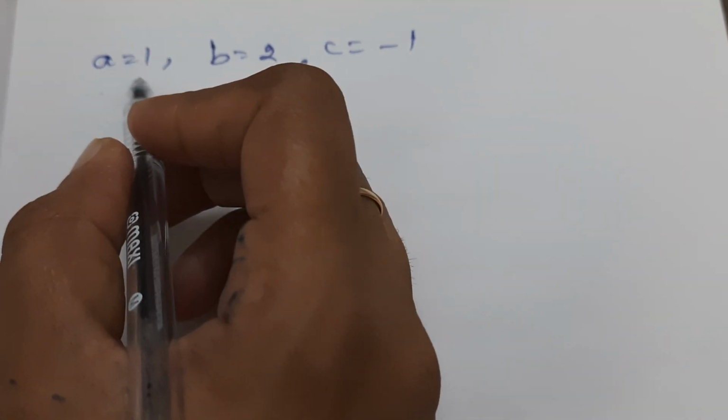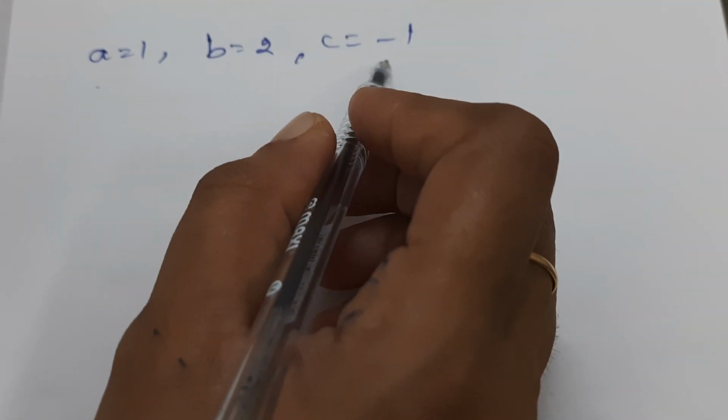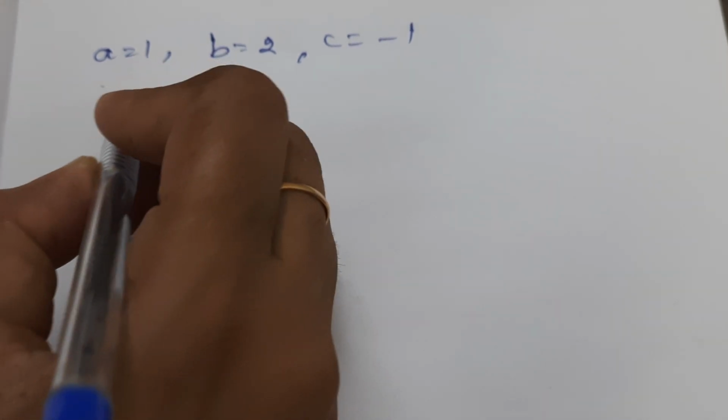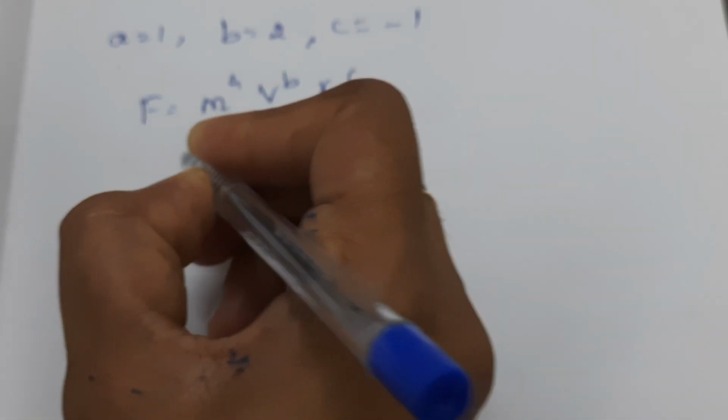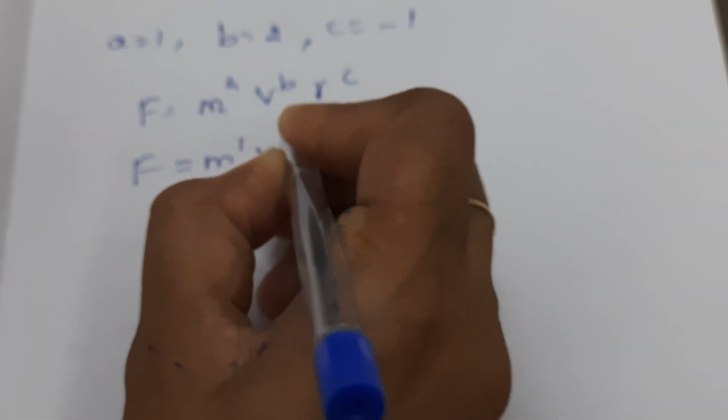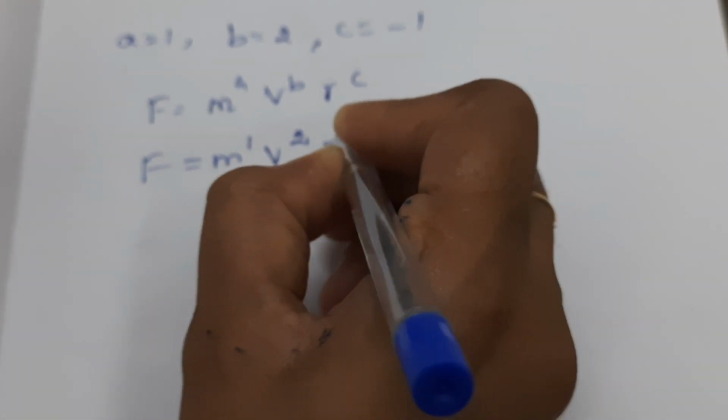Substitute the values of a equal to 1, b equal to 2, c equal to minus 1 in the above equation. We will get F equal to m power a, v power b and r power c, that can be written as F is equal to m power 1, v power 2 and r power minus 1.